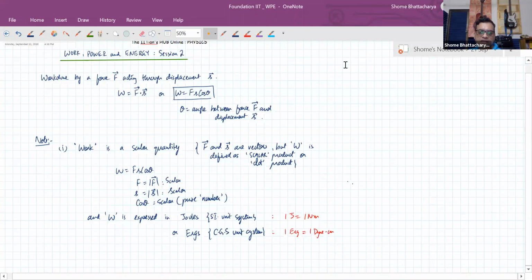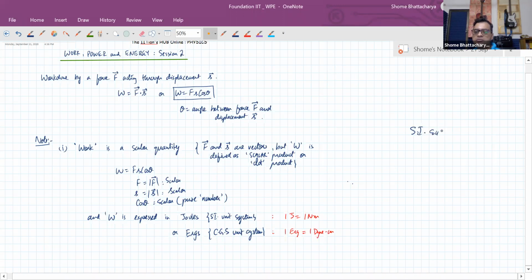CGS unit is a system, which is the centimeter gram second system of units. We'll discuss a little bit about this. SI system, as you know, is the standard international system.